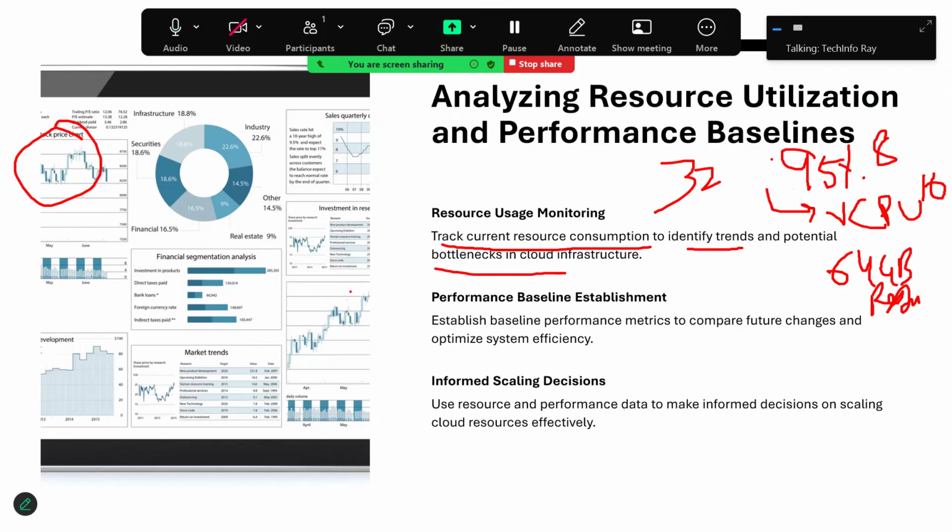So with all this understanding, you can ask for various reports from the team, such as graphs. Although these are not much related to the application, they are simple diagrams, but what I'm trying to say is the usage monitoring. These kinds of graphs can be there about the CPU utilization and about RAM.